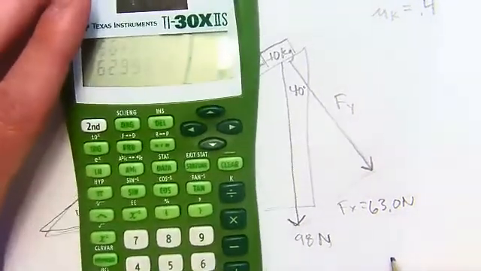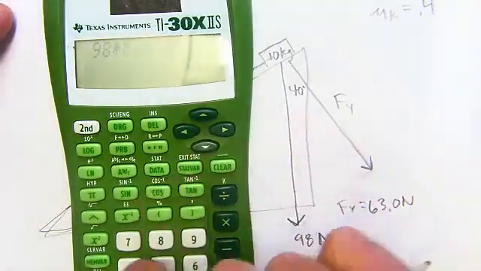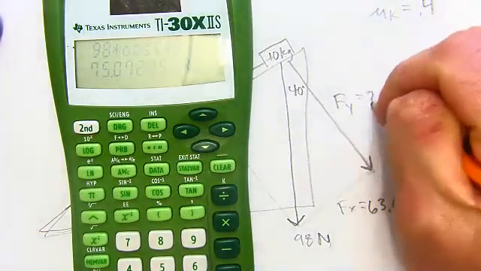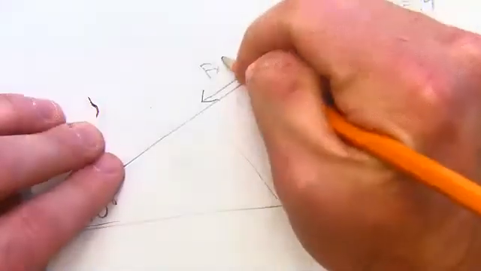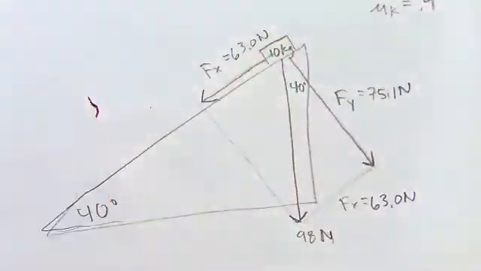And then the Fy is actually the cosine. 98 times cosine 40, 75.1. Okay, so you can put the 63.0 up here. All right, that's all the same.